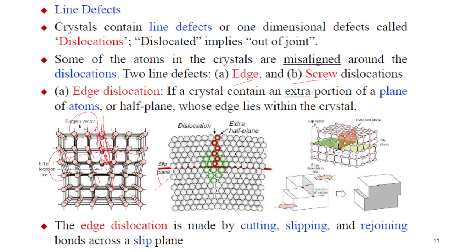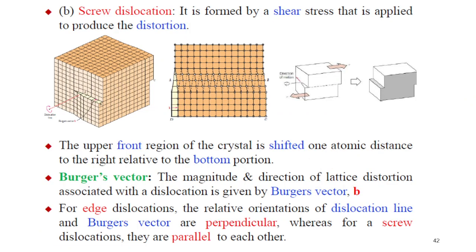This edge dislocation usually will be formed by tensile stresses or by the addition of a new plane of atoms. Next we have screw dislocation. This usually will be caused by shear stress or a twisting action. Only the upper front region of the crystal is shifted by one atomic distance, and not a particular plane.